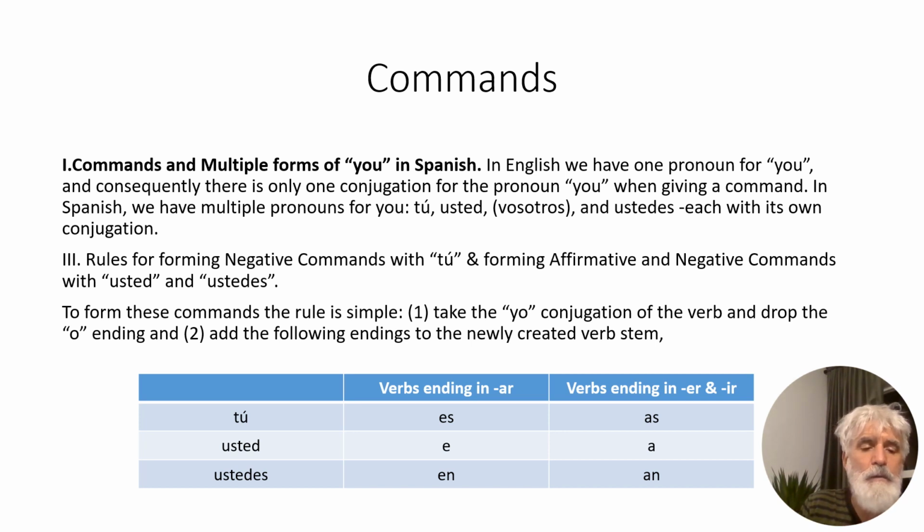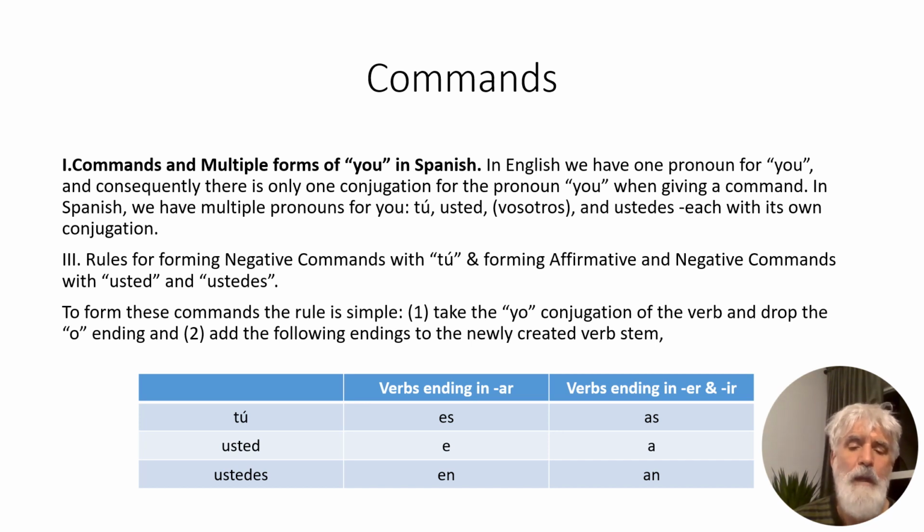Let's look at usted. What if you want to give an usted command, a formal command? If the verb ends in AR, we're going to drop the o of the yo form of the verb, and we're going to add an e onto the ending. So if the verb is tomar, it's an AR verb, we would conjugate it now in the yo form.